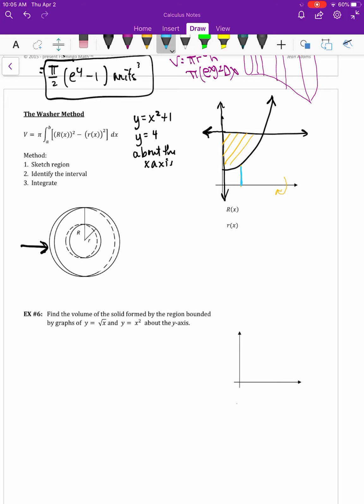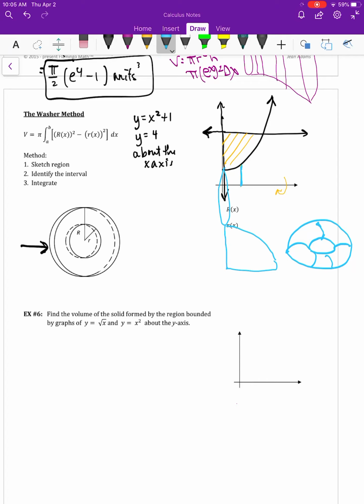This part over here, and it's going to be connected here circularly, so it's going to end up being almost like a donut, like it's going to be rounded like that, but it's going to have a hole. So we want to find the volume of that.